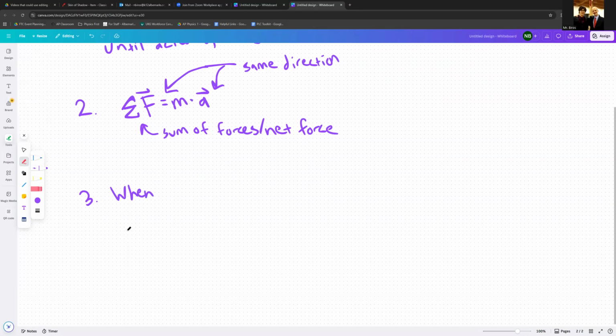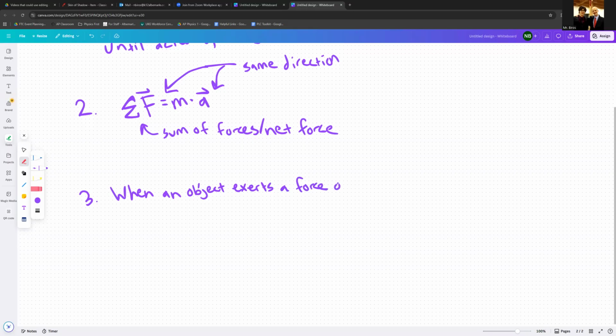When an object exerts a force, by object, we could also mean person.